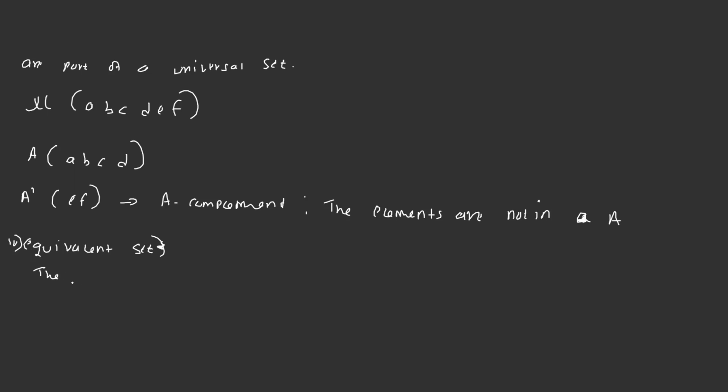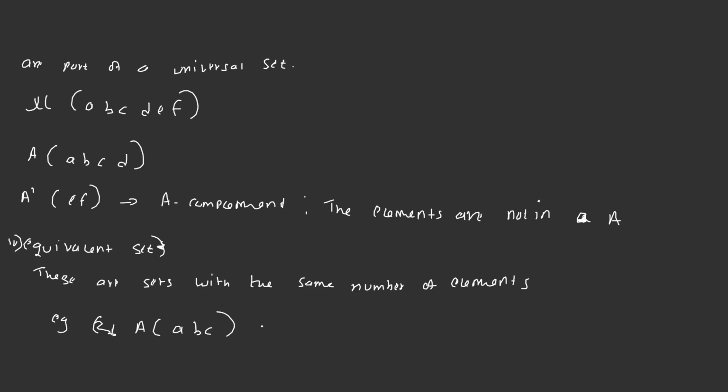For example, you can have set A which has A, B, and C, and set B which has X, Y, and Z. Those are equivalent sets because they have the same number of elements.